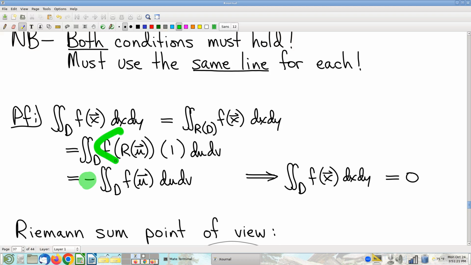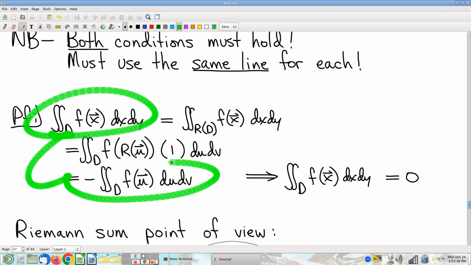This minus sign comes out from the oddness of the function, right? The reflection on the inside gives you a minus sign on the outside, so that's the oddness kicking in. And then again, we have an integral equal to its own negative. That means that integral must be 0. Right? 0 being the only number that is its own negative. The exact same argument.